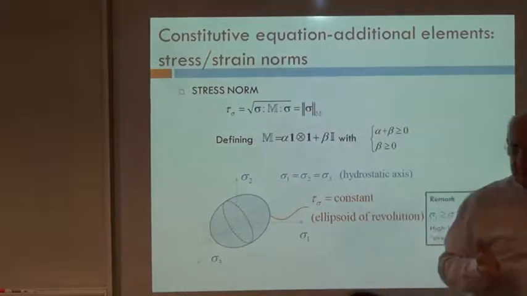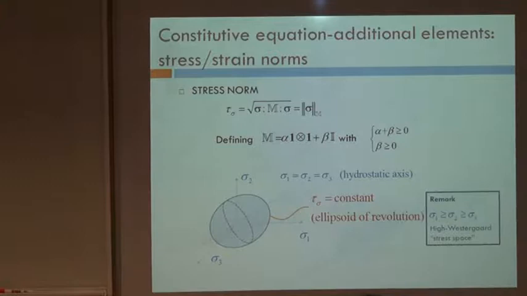You know what a norm is, no? A norm is a measure of distance. The Euclidean norm: if I want to measure the distance between two points in a Euclidean space, from point X to point Y, or the distance from the origin to a certain point, I have to take the norm of the vector that joins both points.